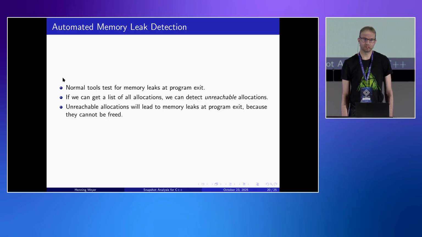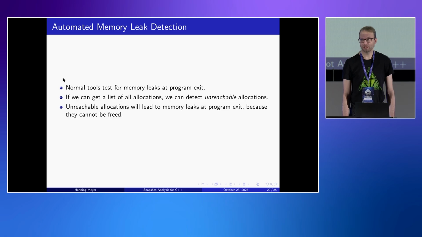And what we can do is, in a core dump that contains a snapshot of the current memory that includes the internal bookkeeping of the malloc implementation, we can use that to get a list of all allocations.